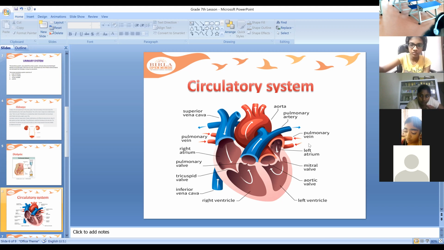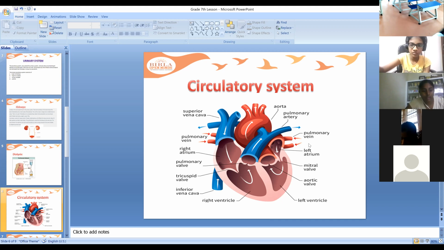You can find the right ventricle, left auricle, and right auricle. Here on the screen also you can see the right atrium. It can also be called the right atrium and left atrium, or right auricle and left auricle. It can be called either auricle or atrium.